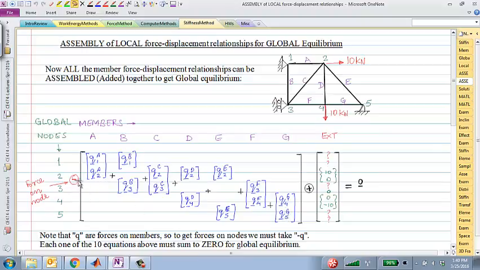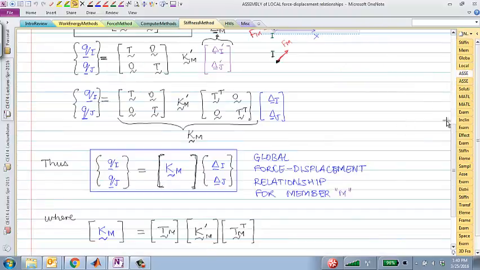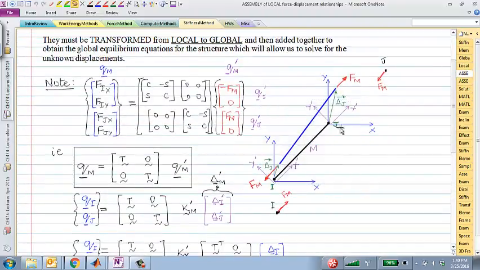Anybody remember why we had this minus sign? It says up there for the node. Why minus sign for the node? Go ahead, Mats. It's like the opposites. At the node, it's in compression. Right. So indeed, if you look at this diagram, the force at the ends of the element is what we calculated.